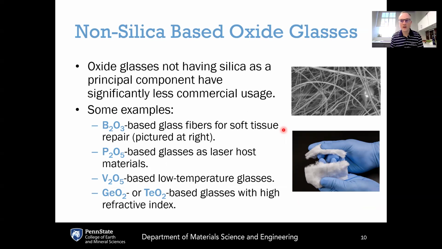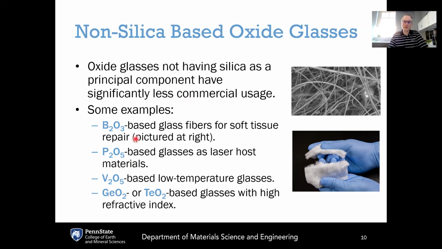And when we move to non-silica-based oxide glasses, these are glasses that are based on oxides such as B2O3, which is borate, P2O5, phosphate, V2O5, vanadate, GeO2, which is germanate, or TeO2, which are tellurite glasses. So non-silica-based oxide glasses can be made from any of these oxides shown here.